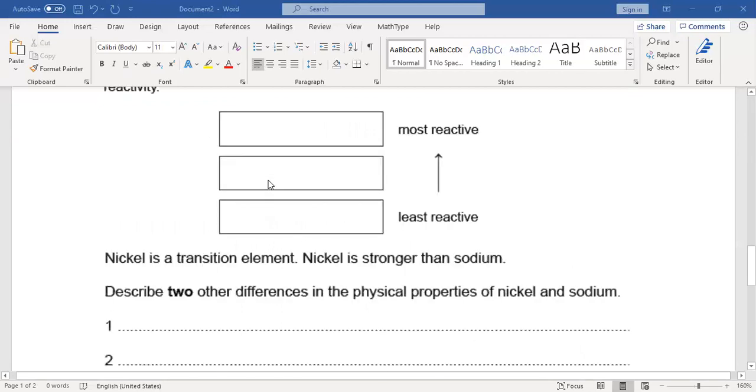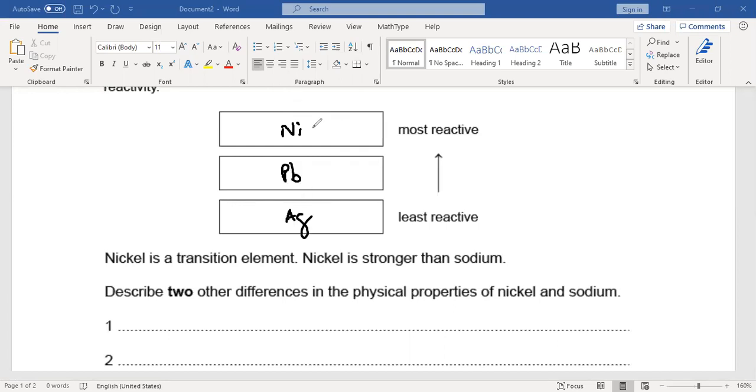So here we can write the most reactive is nickel, the least reactive is Ag, while in between is Pb. Again, because Ni provides electrons to Pb2+ to give Pb. That's why Ni is more reactive than Pb.